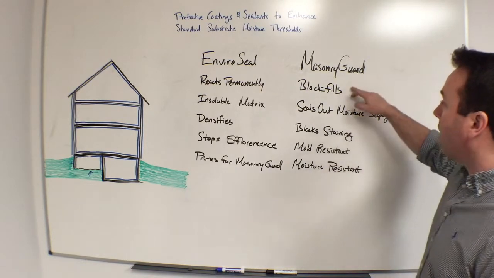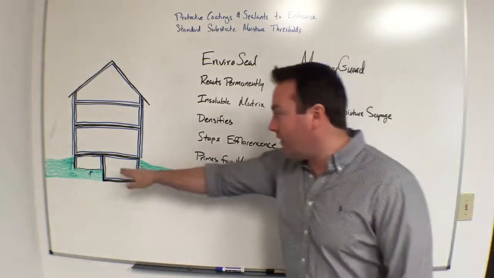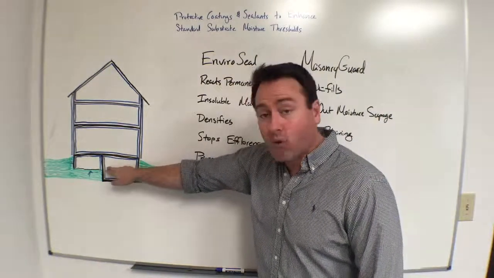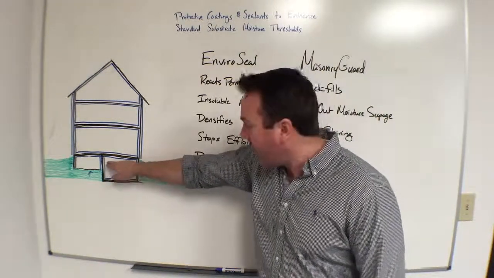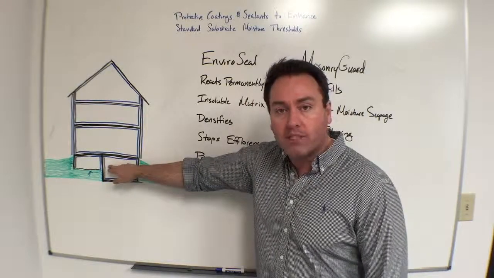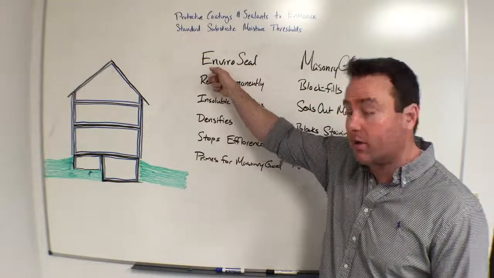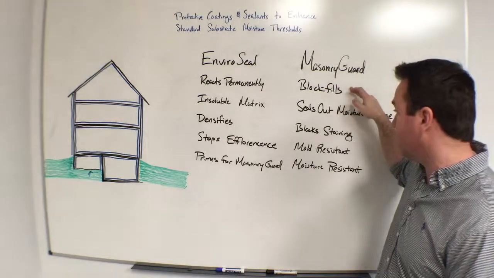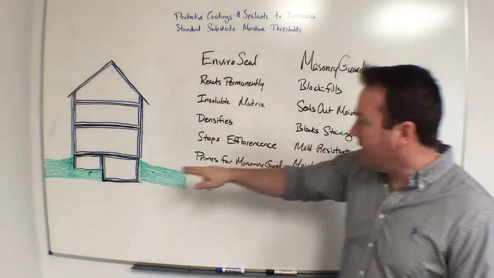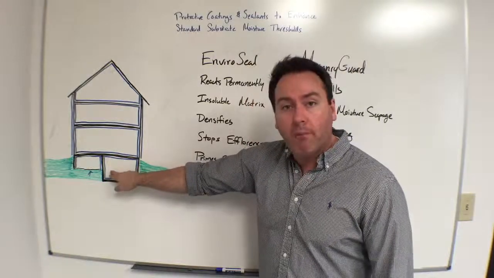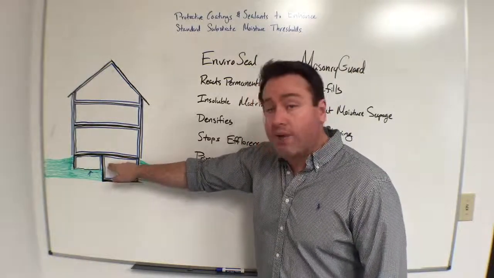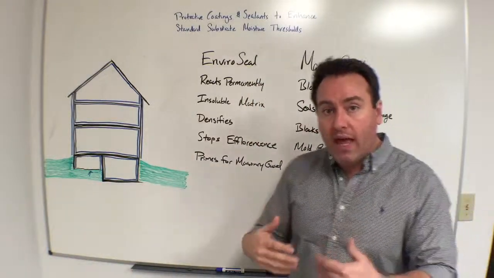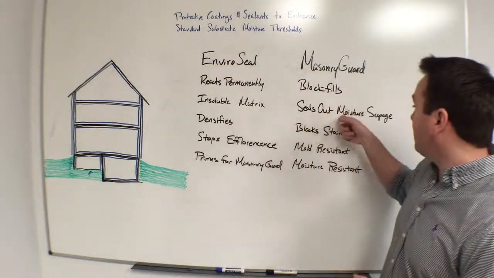So as far as block filling is concerned, you have all these little gaps and cracks and things like that that are hairline that tend to form in all masonry. Once we have EnviroSealed the surface, we can come back with Masonry Guard and block fill as well. Once the moisture is restricted with EnviroSeal, now we have a way of also managing moisture from a seepage standpoint.